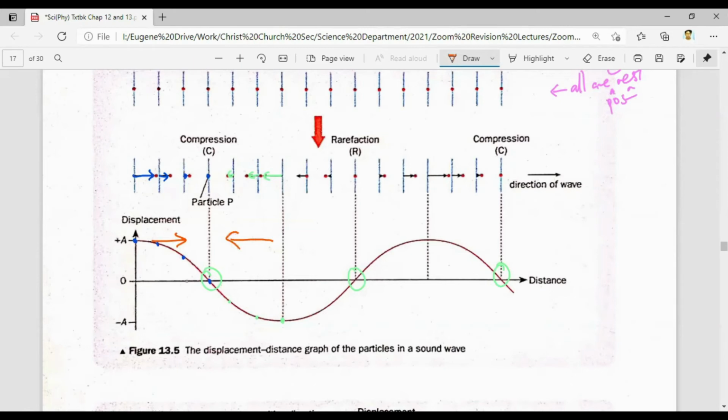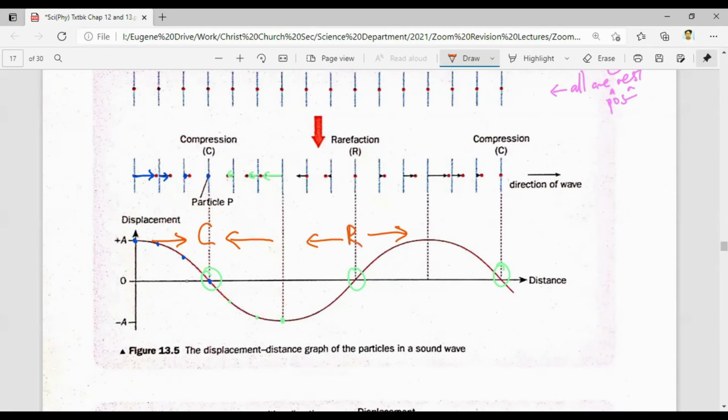So you can see here, for this region, the particles are closing in. Therefore, this is compression. Now, if I look at this part here, the particles there are going to the left, the particles here are going to the right. So for this point here, the particles are going further away from it. So this is a rarefaction because they are more spread out.